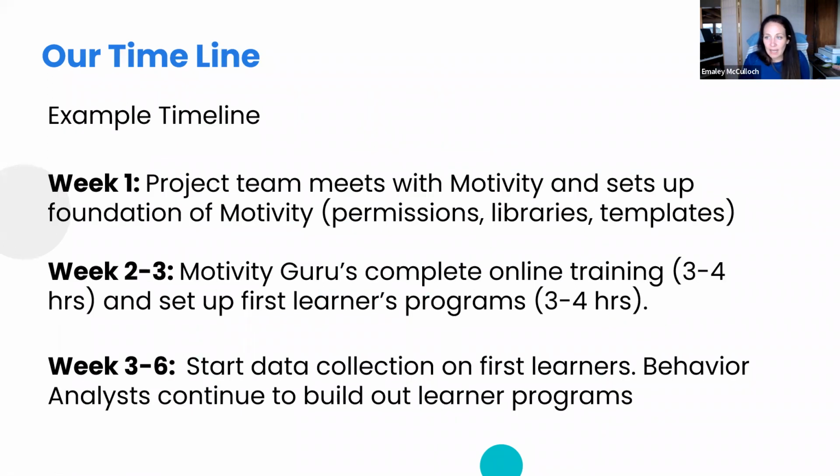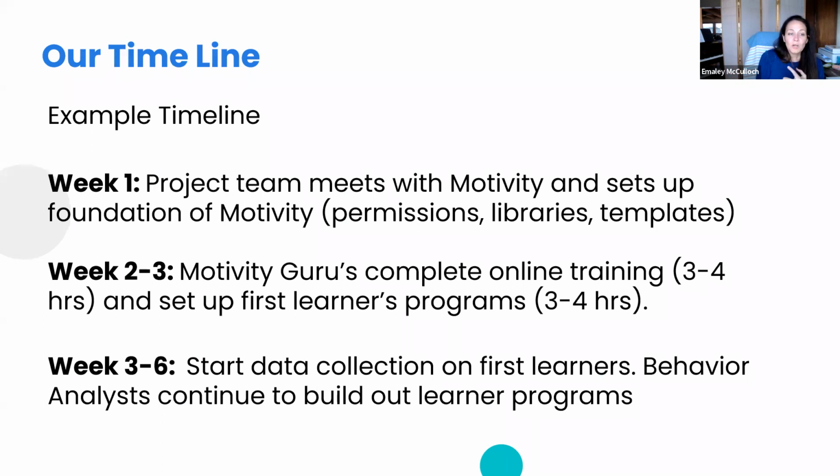So here's an example timeline of what it could look like for your implementation. Usually in the first week after you launch Motivity, and when I say launch, it means the very first week that you set up your initial accounts with your staff members. At this point, there's no learners set up. So in the first week, you're going to identify your project team, have that launch meeting with Motivity and your Motivity expert.